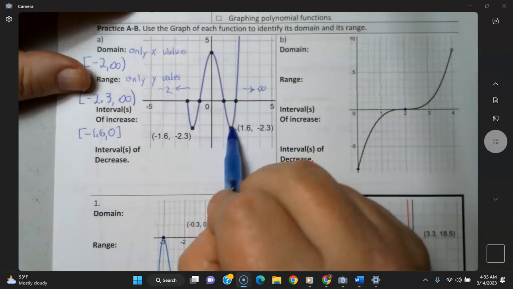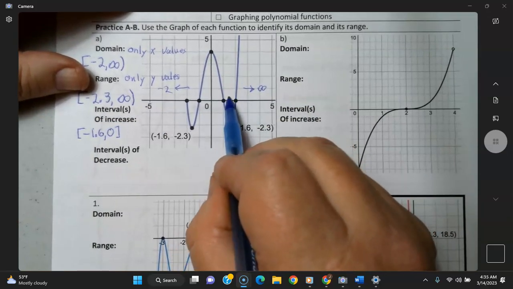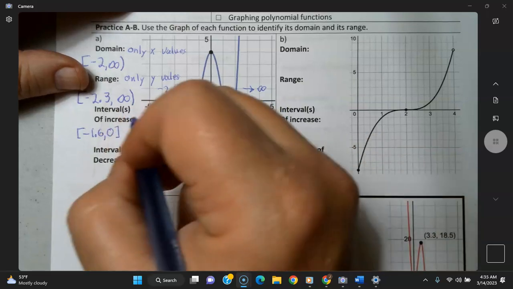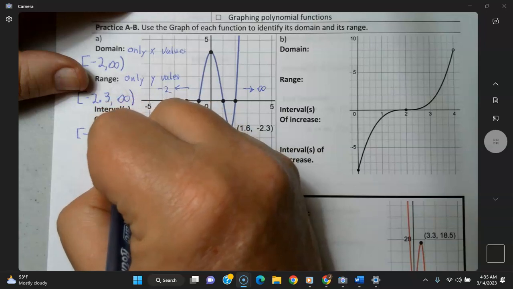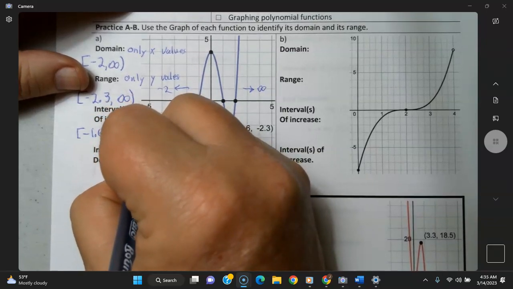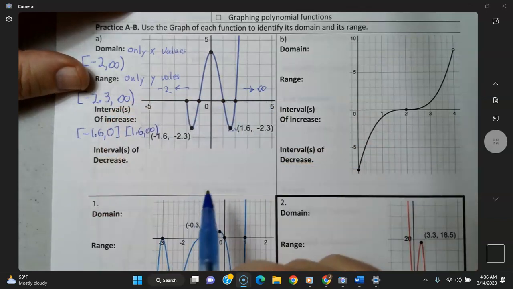Then there's a second one over here. The x value here is 1.6, and then it goes on to infinity. So from here to infinity.